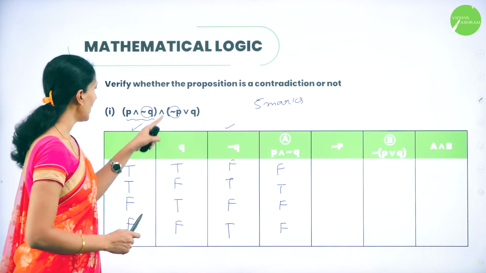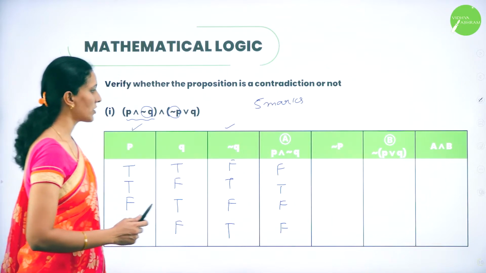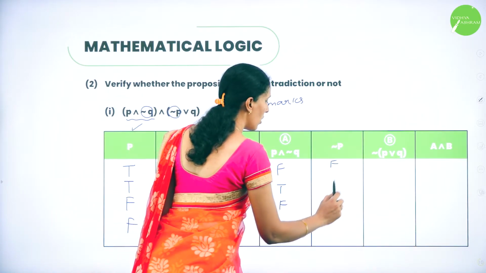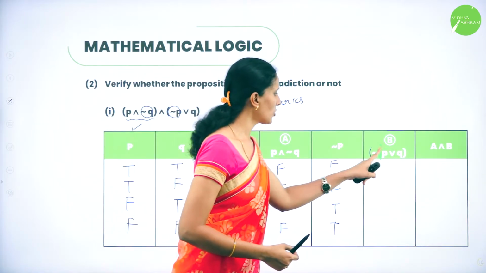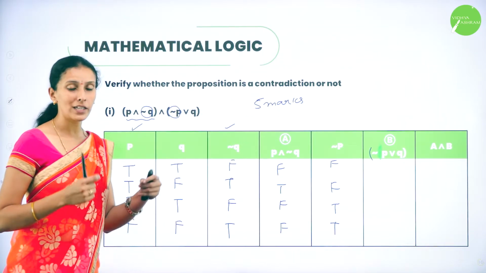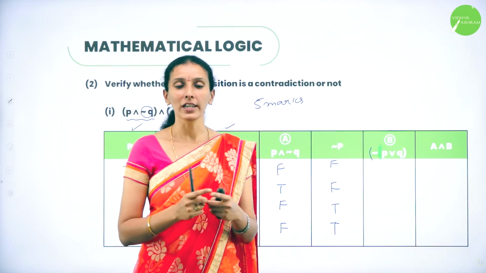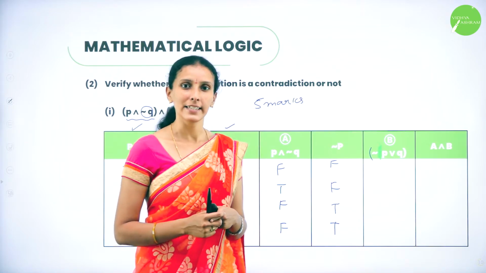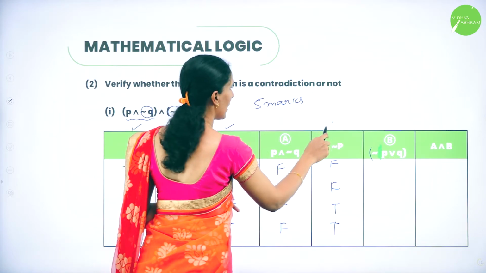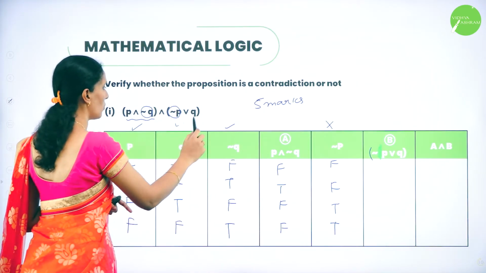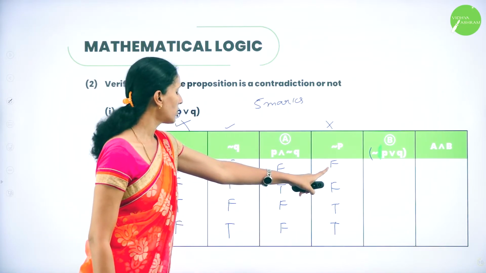Next, let's check negation of P. Negation of P: P is true, true, false, false, so this becomes false, false, true, true. Next, you can look here, negation P, disjunction Q. What does the disjunction statement say? If both the statements are false, then only it is false. In all the other cases, it is true. So combine these, where both the statements are false.